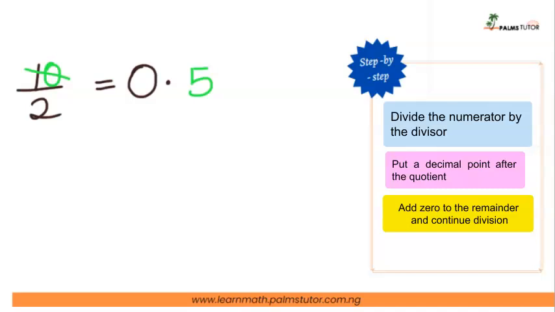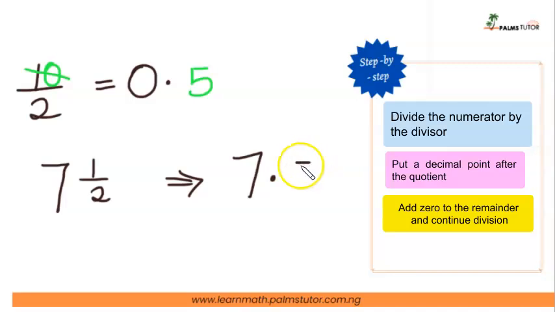How does this come in handy? For example, you have something like 7 whole number, 1 over 2, and you want to leave your answer as decimal. This simply means that you have 7 whole number, which is the whole number part of the decimal, and 0.5. Why? Because half is 0.5.